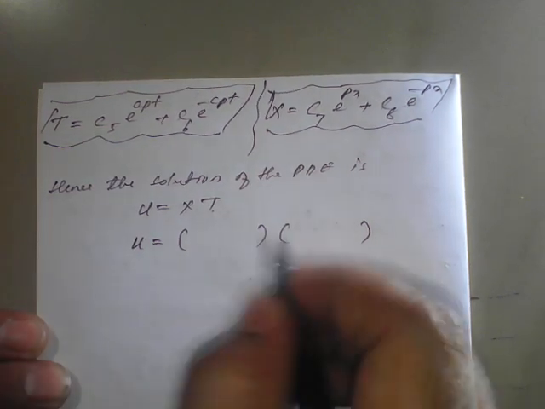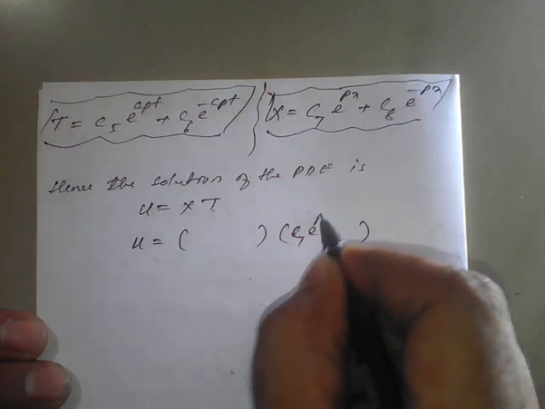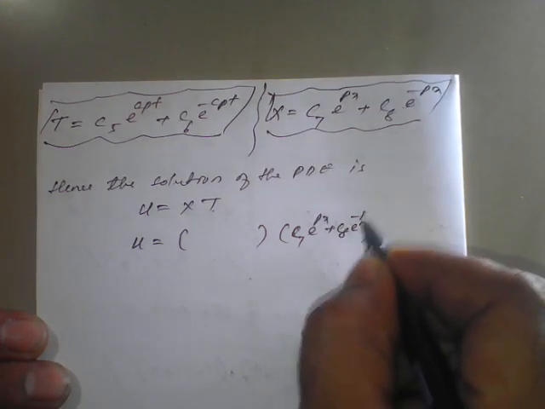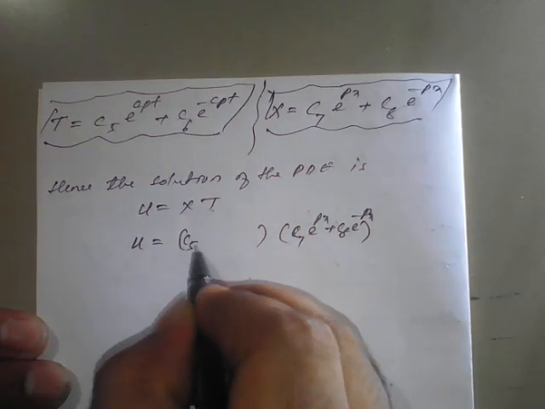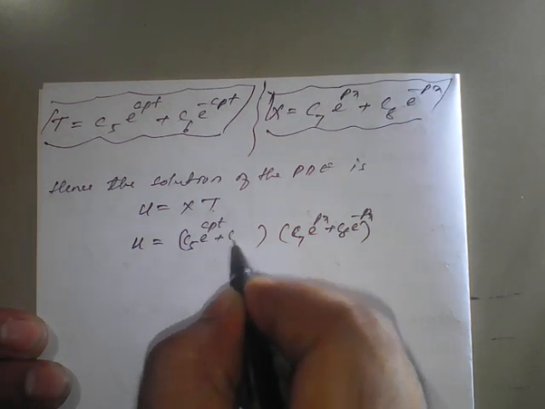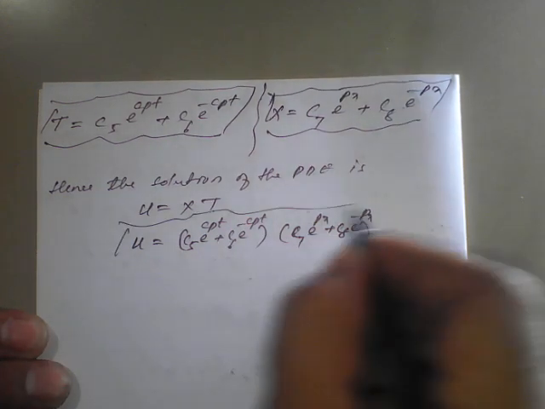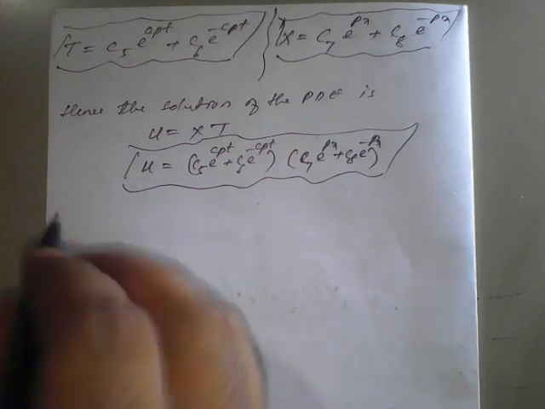So X value I will write here, that is c7 e raised to px plus c8 e raised to minus px, and here the T value is c5 e raised to cpt plus c6 e raised to minus cpt. So this is the required solution when k is equal to plus p square.